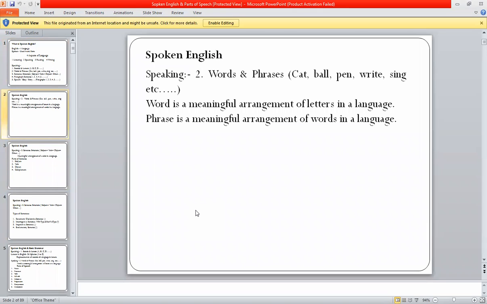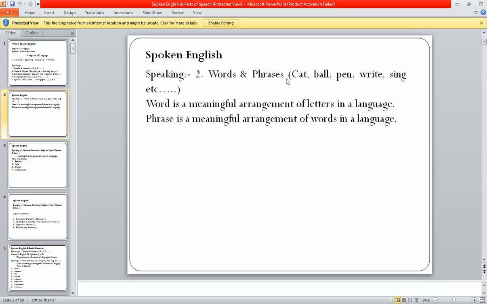Yes, so words and phrases. What is a word? A word is a meaningful arrangement of letters in a language. Word is called a meaningful arrangement. If we talk about cat, cat is a word which is meaningfully arranged with letters.